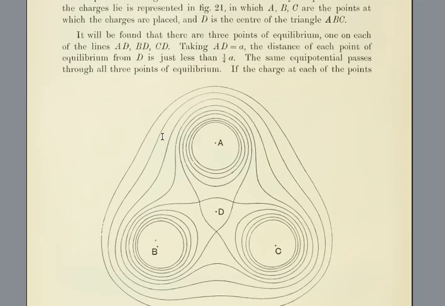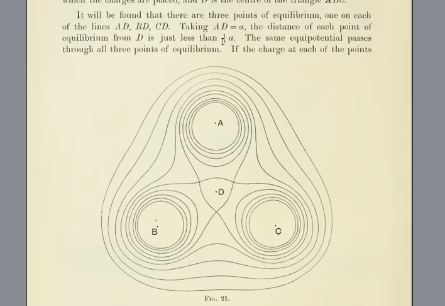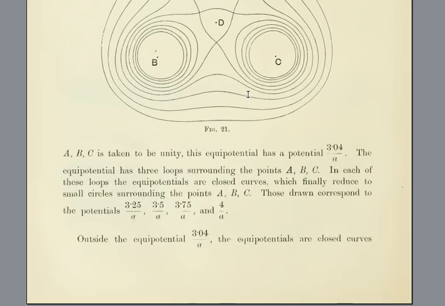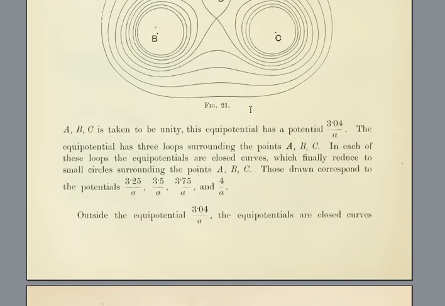It will be found that there are 3 points of equilibrium, one on each of the lines AD, BD, and CD. Taking the distance AD as a, the distance of each point of equilibrium from D is just less than 1 times a. The same equipotential passes through all 3 points of equilibrium. If the charge at each of the points A, B, and C is taken to be unity, this equipotential has a potential of approximately 3.04 divided by a.